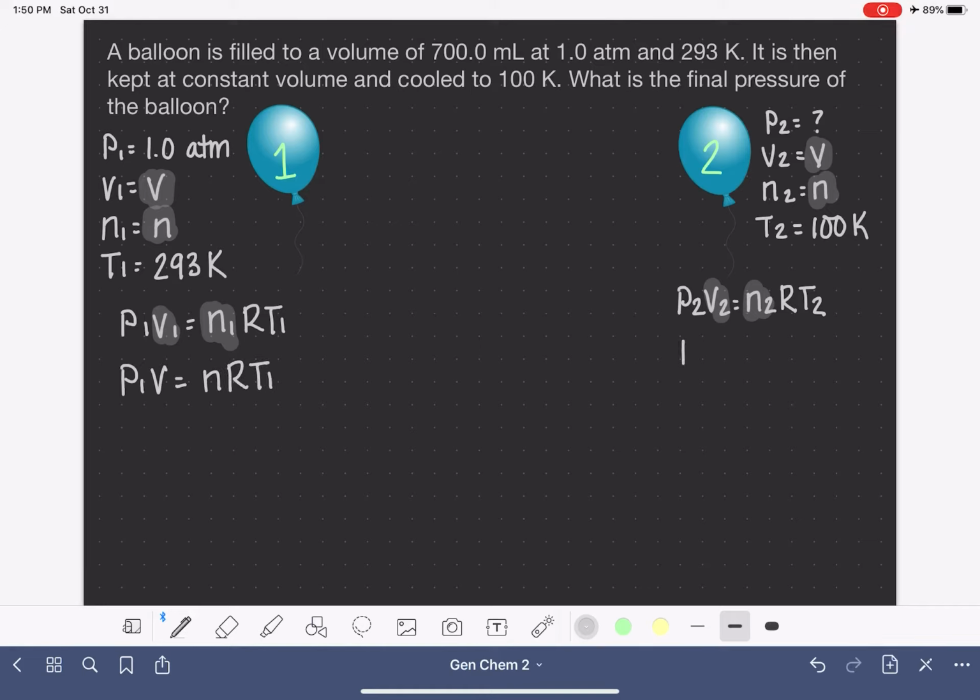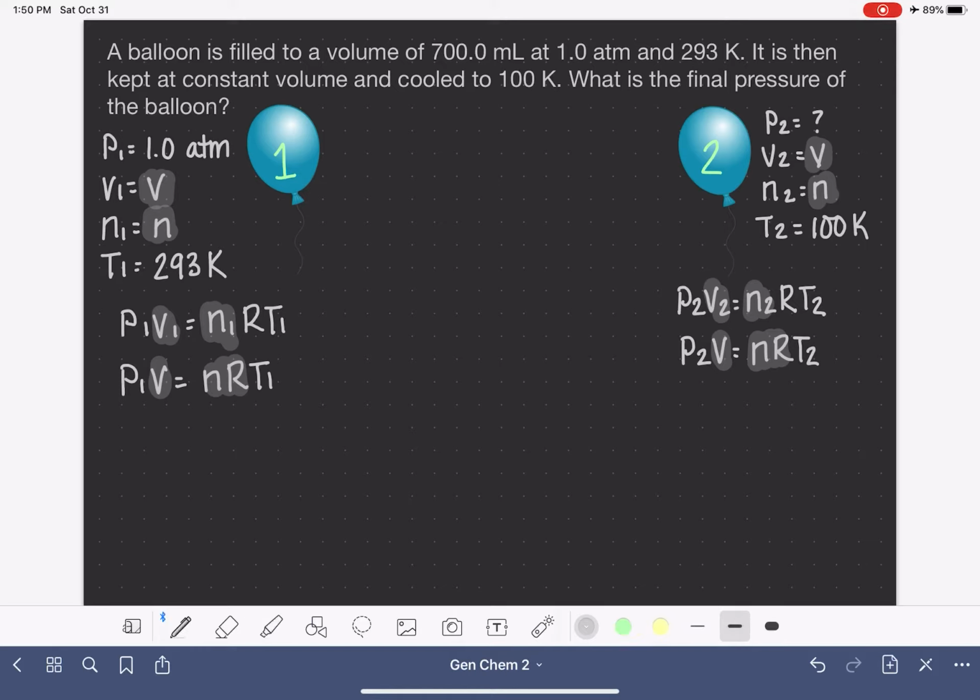We'll do the same thing on the other side as well: P2 V equals n R T2. Now the equations are looking very similar to each other. Our next goal is to take all of the variables that don't have subscripts, so V, n, and R, and lump them together on the same side of the equal sign.